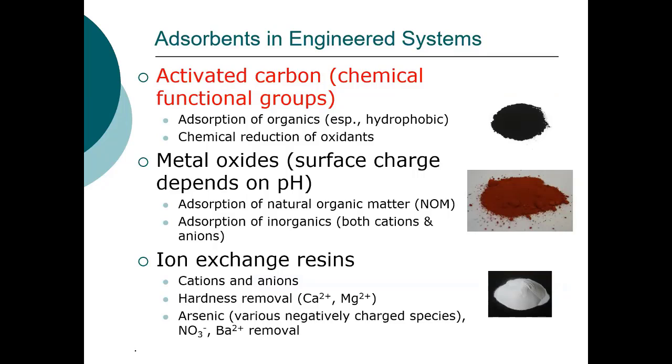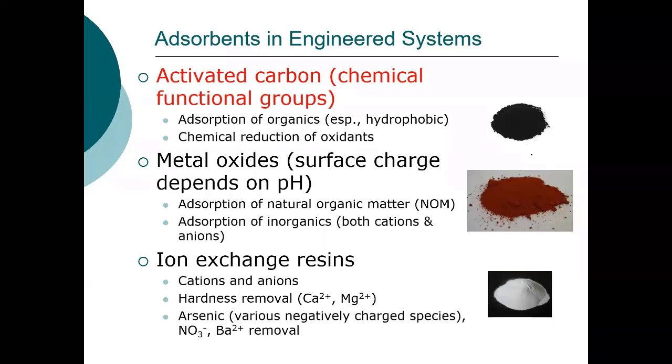We also use sorbents in engineered systems. Mike talked about this with regard to the PFAS chemicals and how they are using organic carbon. They're specifically using granular activated carbon, shown here, to remove PFAS chemicals from the waste stream, as he discussed. I'll talk a little bit more about that.